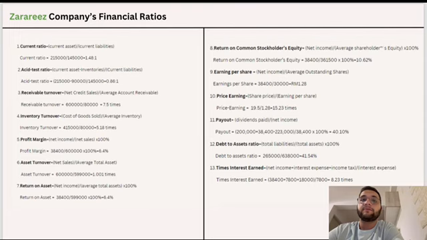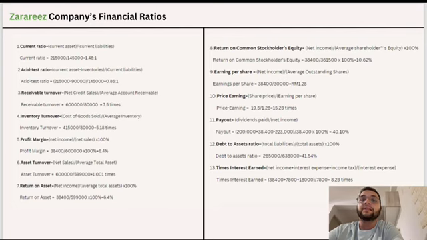Second, we're going to explain profitability ratios. Zara's profit margin is 15%. This means that Zara's retains 0.15 ringgit as profit for every ringgit of revenue. A higher profit margin indicates efficient cost management and strong profitability. Zara's ROA is 10%. This ratio shows how efficiently the company uses assets to generate profit.